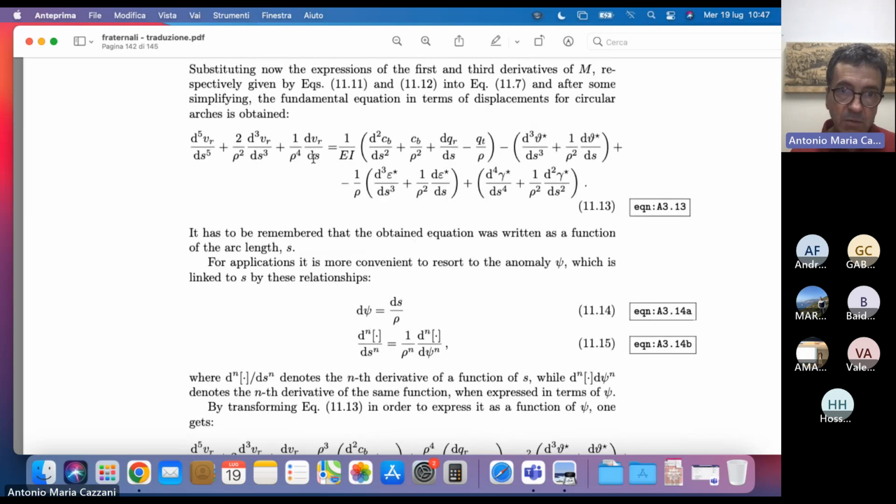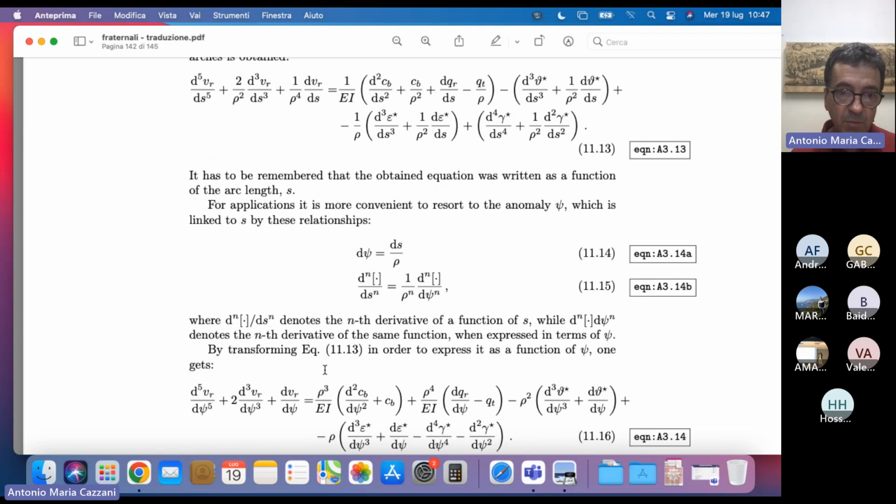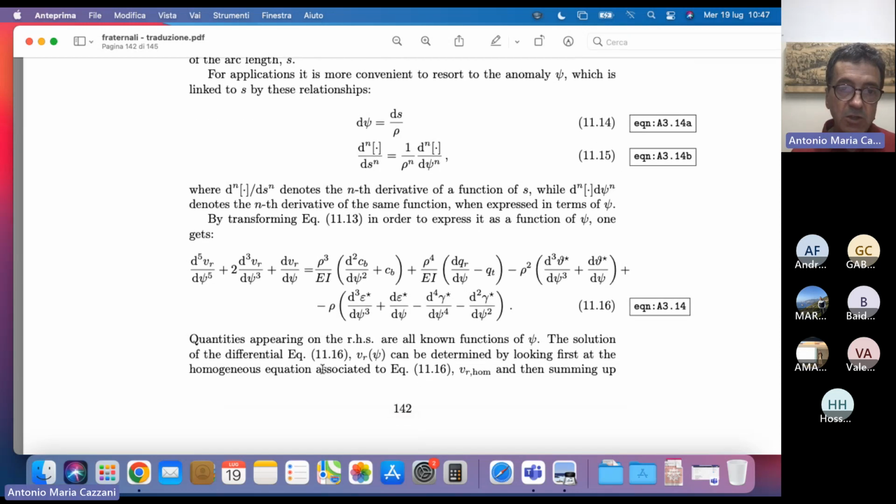So if we make this substitution here and then get rid of the r at the denominator by multiplying by r to the 5th power, we reach this equation. It's an equation of the 5th order in the radial displacement with respect to the anomaly, and this is the right-hand side.